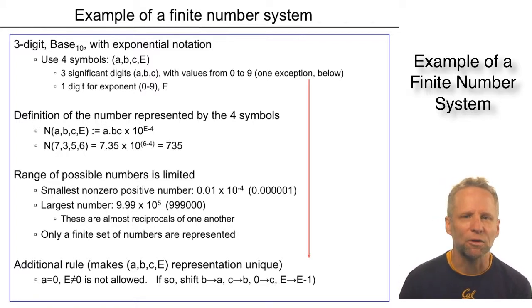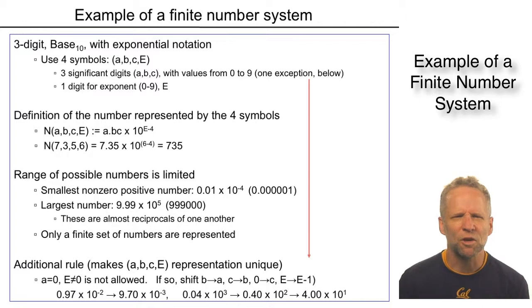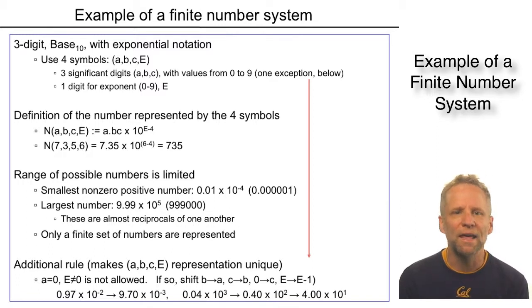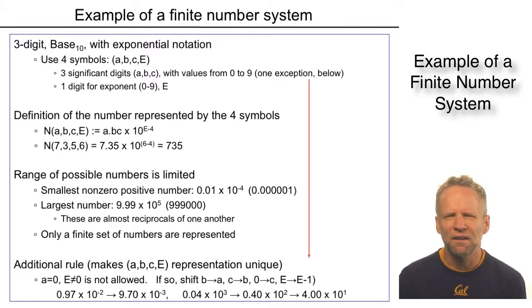That looks like a mouthful. Let's see what we actually mean. So if I had 0.97 times 10 to the negative 2, I can just write that as 9.70 times 10 to the negative 3. Notice I've shifted everything over 1 digit and then subtracted 1 from the exponent. If I had 0.04 times 10 to the something that I can't see, 10 to the third, I can shift that over, apply the rule once.